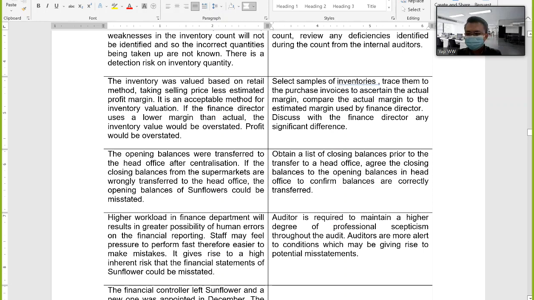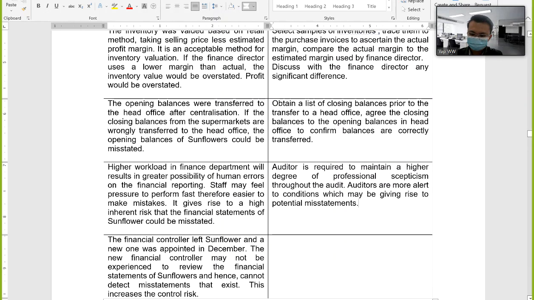The more experience you get, the clearer the picture you can see through the audit. So in other words, it's something like paying more attention for the audit.